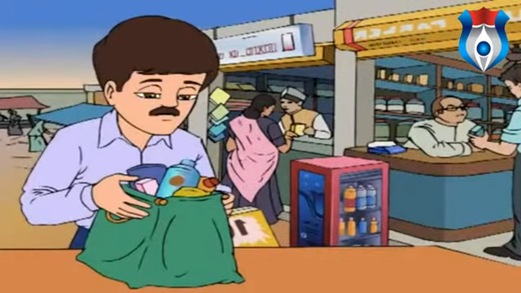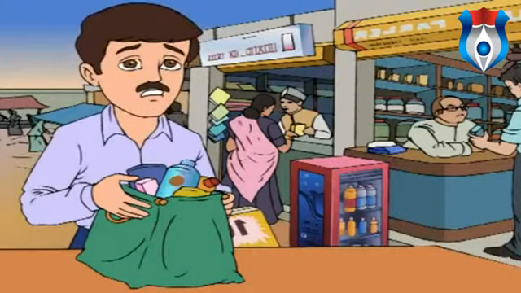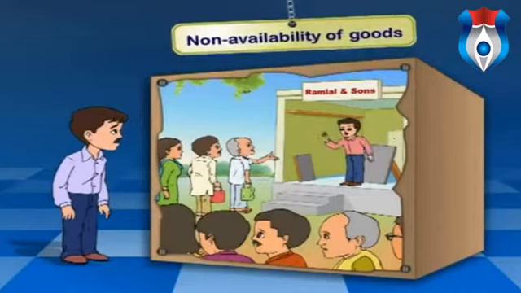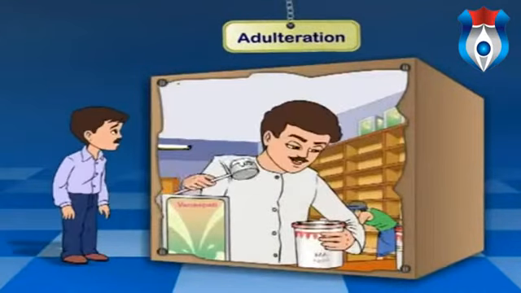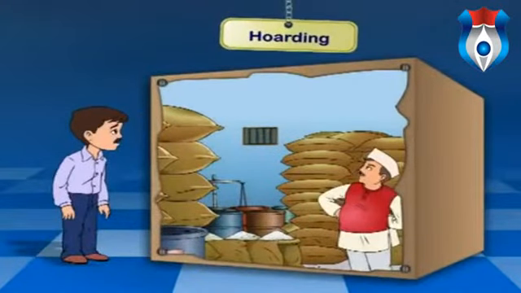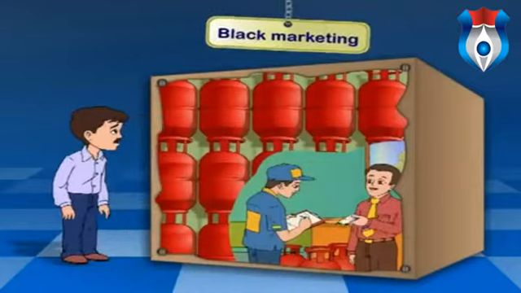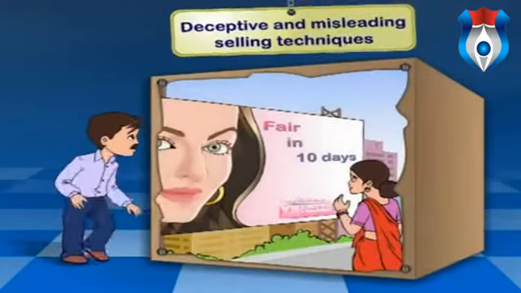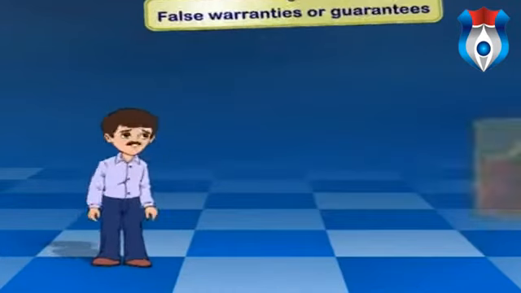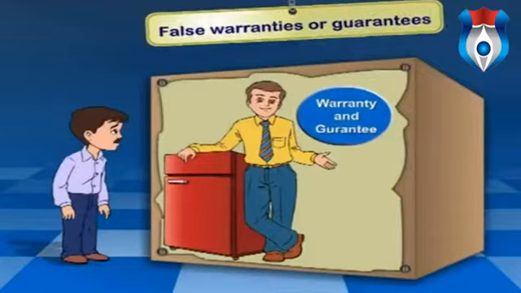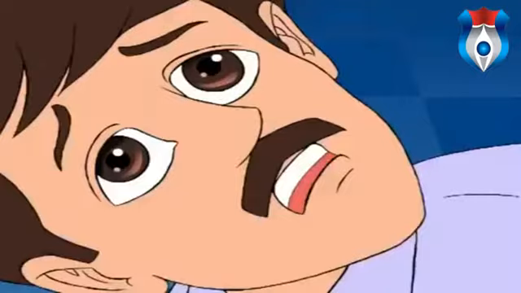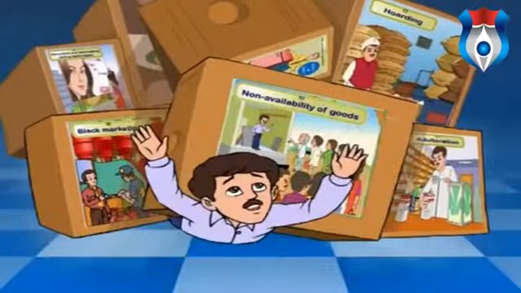In India, consumers generally face a number of problems. They include non-availability of goods, adulteration, hoarding, black marketing, deceptive and misleading selling techniques, and false warranties or guarantees, etc. Today, we are going to study the factors leading to consumer exploitation.